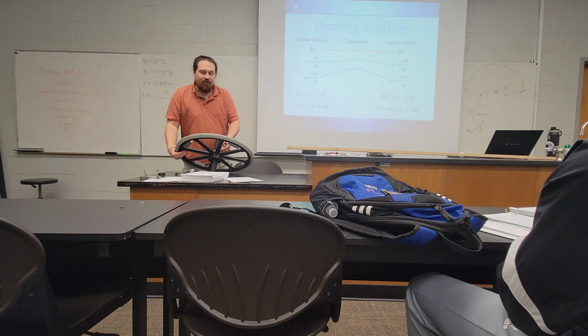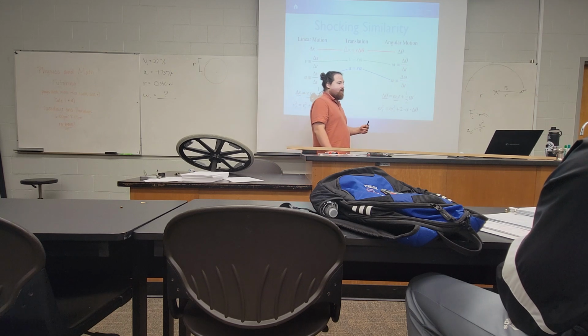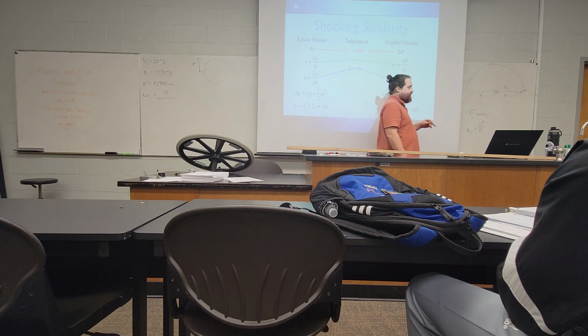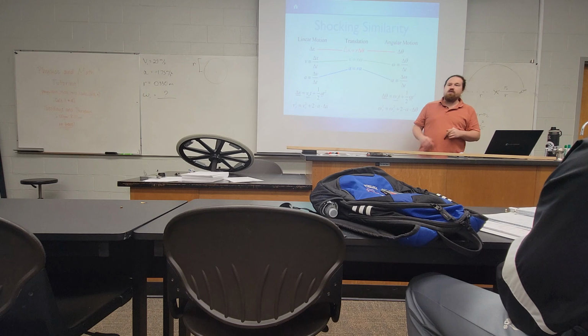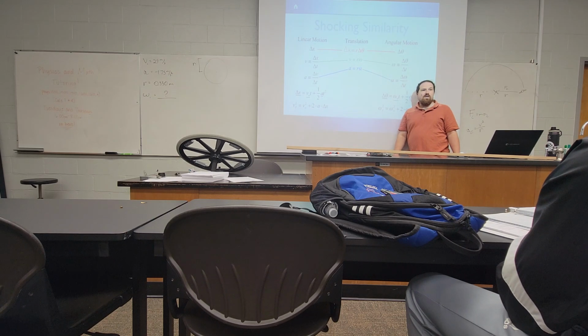And there's a certain factor that relates those two worlds. If an object is rolling, the factor that relates its linear motion to its angular motion is its radius. Delta x equals radius of the tire times its angular displacement.